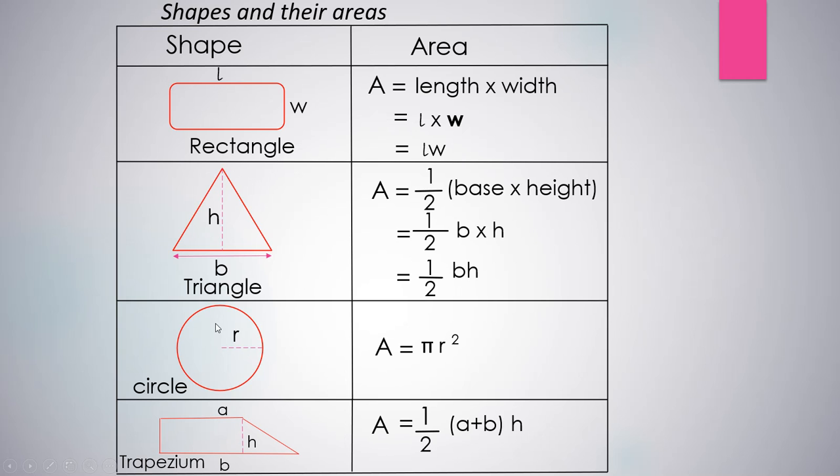Now these are the regular surfaces that have a defined shape, and you can just determine the lengths of the sides and use the formula to determine the area of these surfaces.